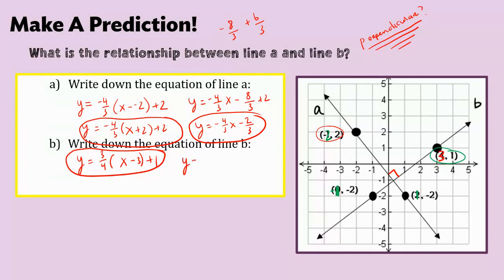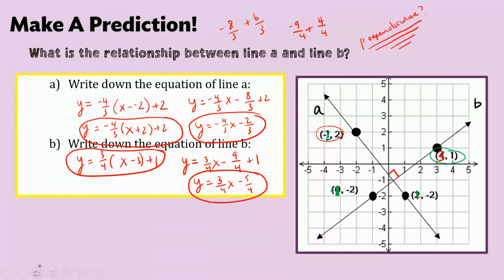If I want to write it in slope-intercept form and find the y-intercept, I can distribute the 3/4, minus 9/4 plus 1. I could write 1 as 4/4, right? I want that common denominator. And then I would have 3/4 x minus 5/4 if I wanted to figure that piece of it out.